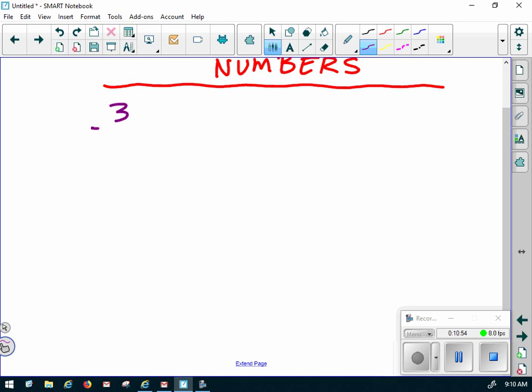This is review. If we do 3 divided by the square root of 2, remember, some dude said you can't leave a square root in the bottom. So how do we get rid of a square root in the bottom? Multiply by what? We're going to multiply top and bottom by the square root of 2.